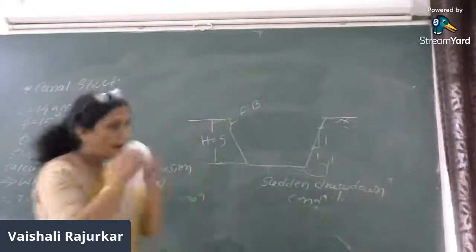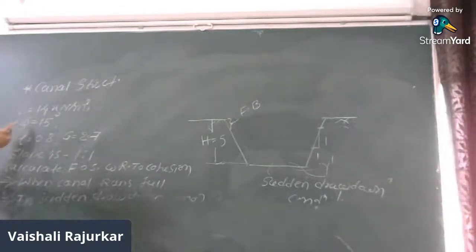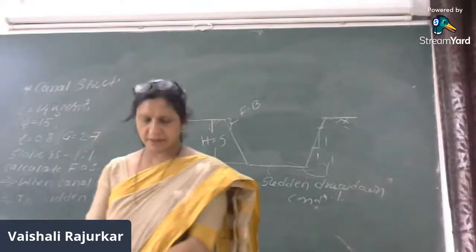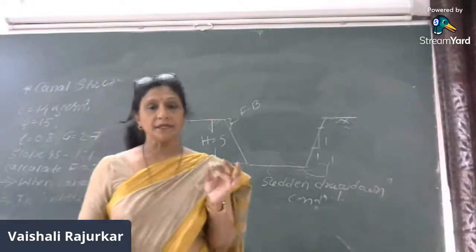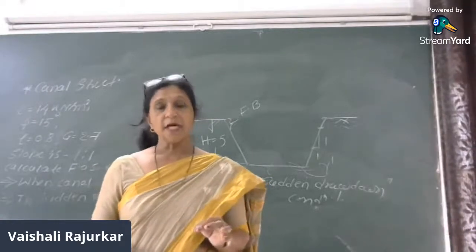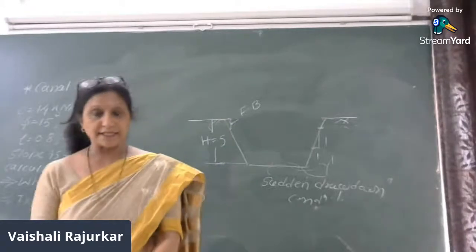Now here, instead of giving the values of densities, the e value, that is void ratio, and specific gravity of the soil are given. And therefore, we can indirectly calculate the density of the soil.